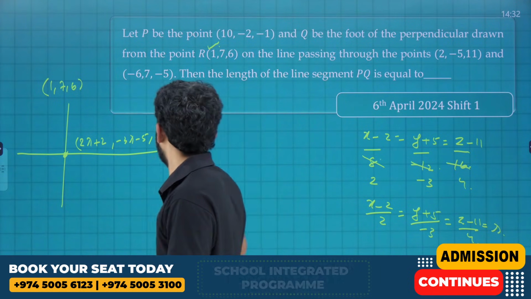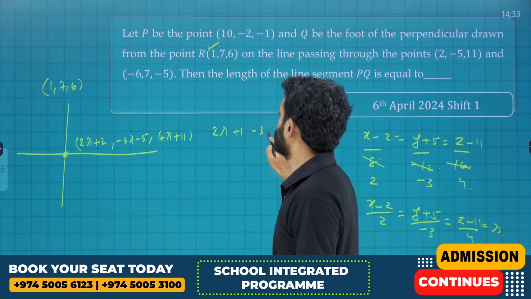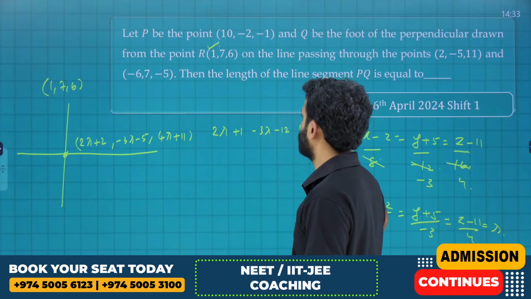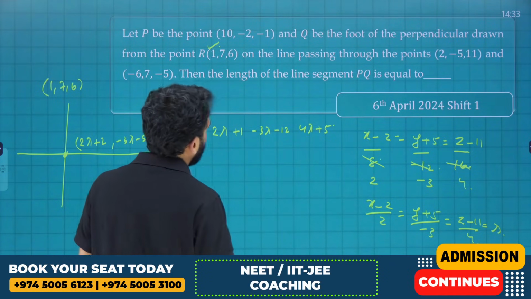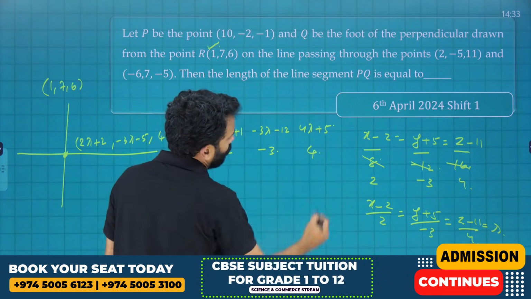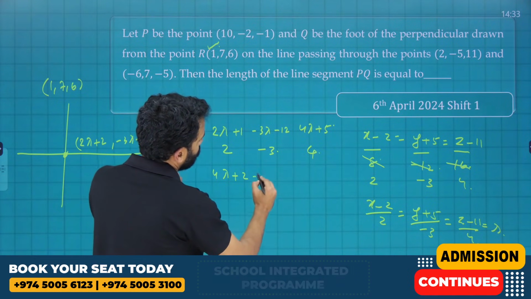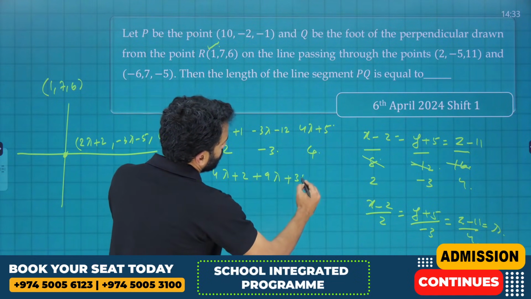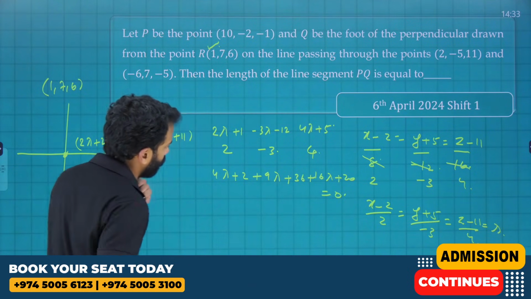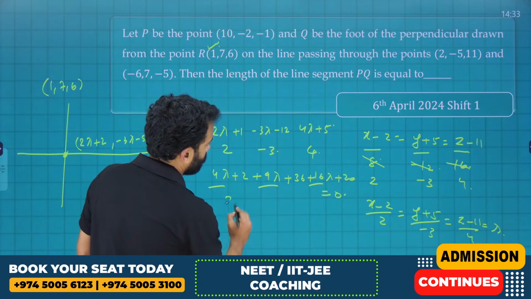The direction ratios of PQ are 2 lambda minus 8, minus 3 lambda plus 7, 4 lambda plus 12, and the corresponding direction ratios of the line are 2, minus 3, 4. The dot product gives 4 lambda plus 9 lambda plus 16 lambda, which is equal to 0. That is 4, 13, 29.